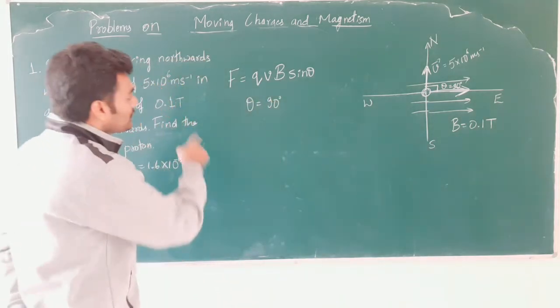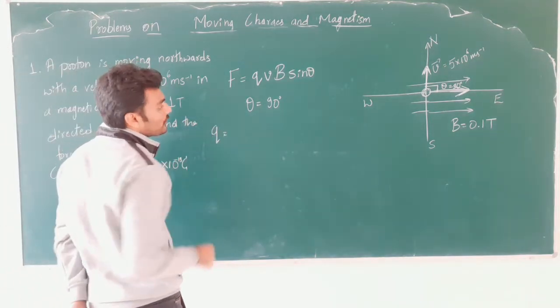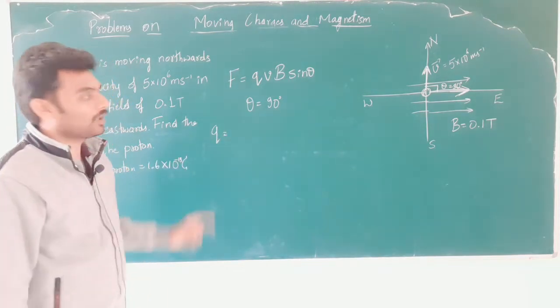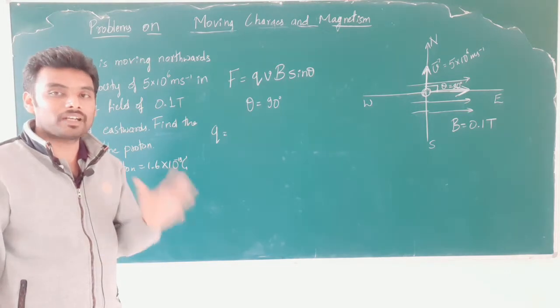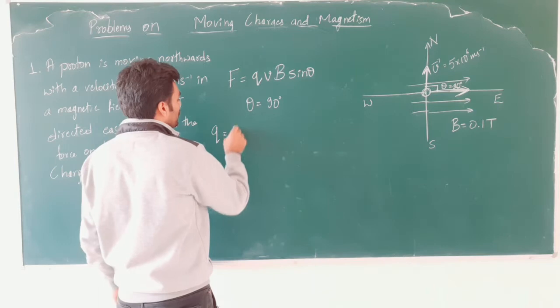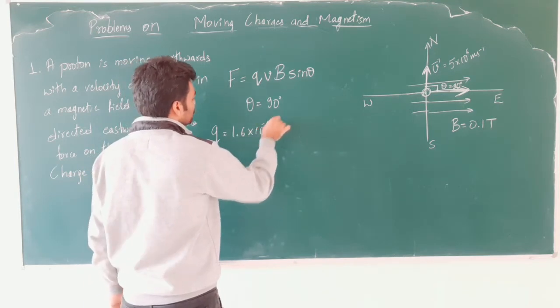What else is the given data here? We have Q given, the charge that is moving. The particle that is moving is a proton, and this proton will have the same charge as an electron, but positive. So, the charge that is moving here is 1.6 × 10^-19 coulomb.